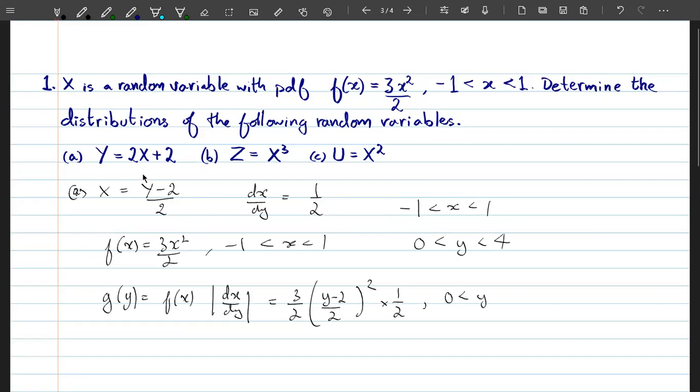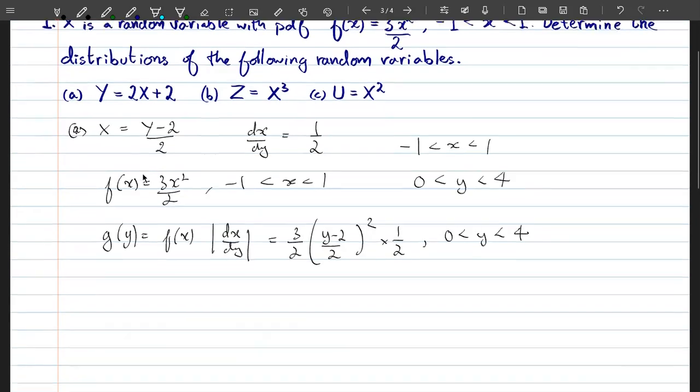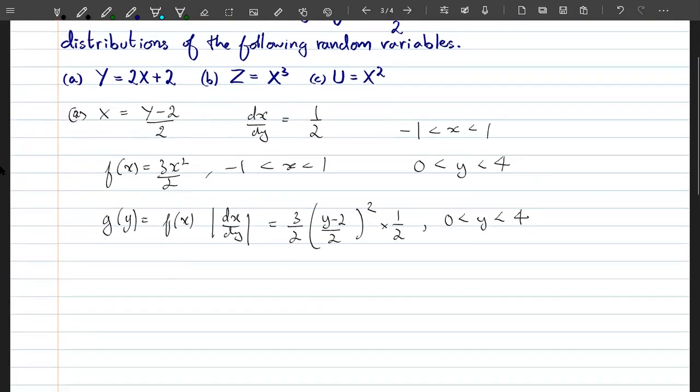So in the range 0 less than y less than 4. This is the answer. Of course, you can simplify this a little bit and write it as 3 by 16, I believe. Yeah, 4 times 4, y minus 2 the whole square, for y between 0 and 4.